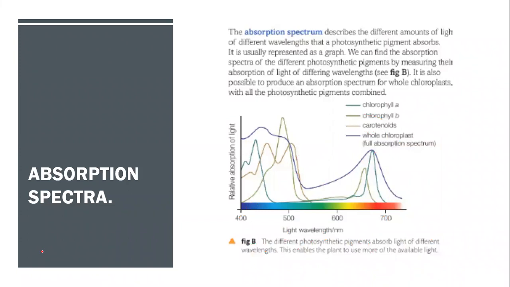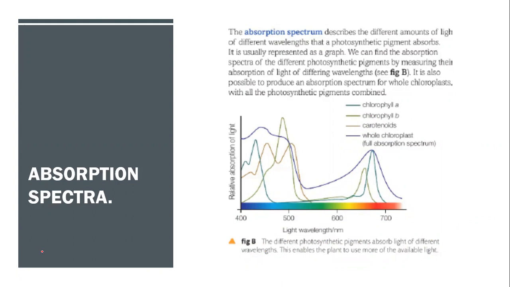So the absorption spectrum describes the different amounts of light of different wavelengths that the photosynthetic pigment absorbs. If you look at the graph, you will clearly see that chlorophyll A is the one found in greatest quantity.